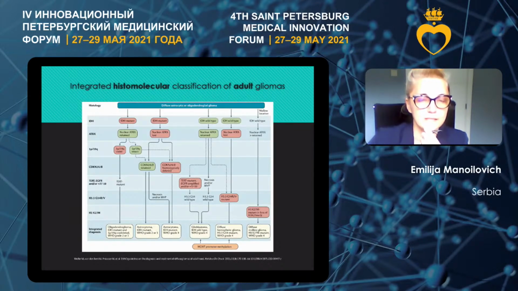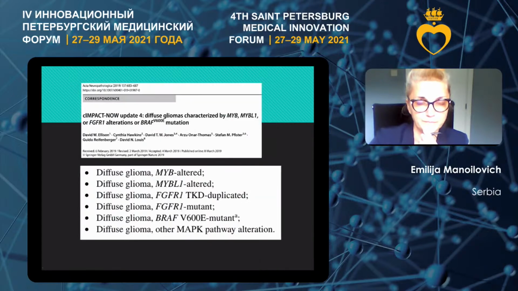Diagnostic algorithms for both adult and pediatric glioma became very complicated, and numerous molecular data are now included in the diagnostic procedure. They're very numerous, so I'm asking you just to pay attention to cyclin-dependent kinase 2A and B, because it will be important for the rest of our lesson.